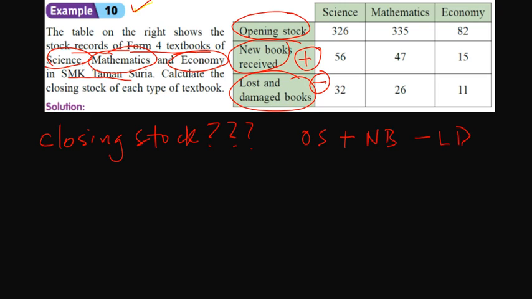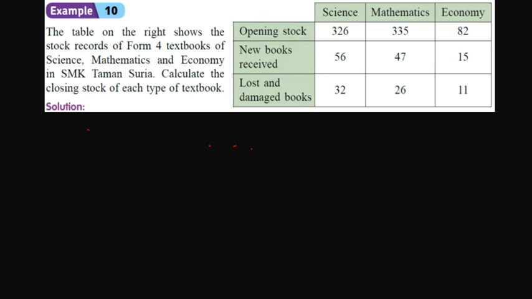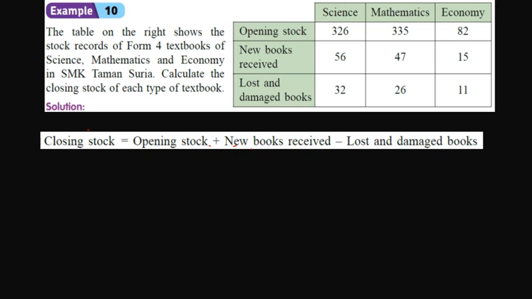Okay, this one you can understand. Okay, good. So now let's do it. Okay, so you understand this one, right? Closing stock is opening stock plus new books received and minus loss and damaged books.